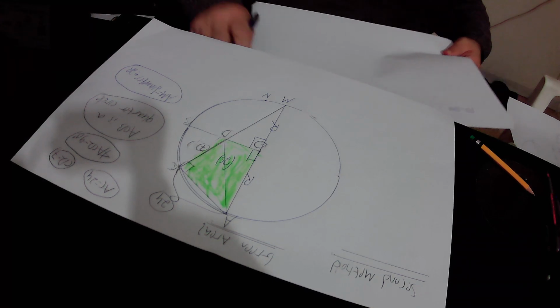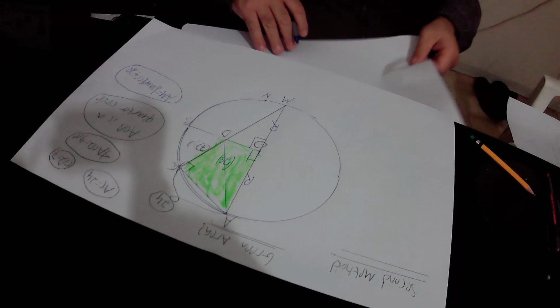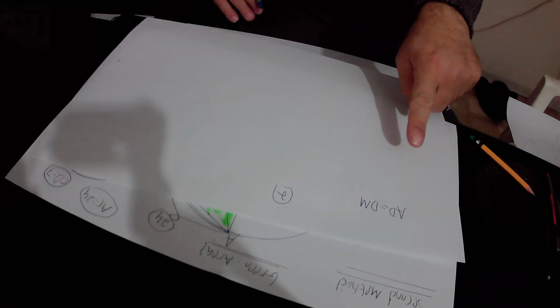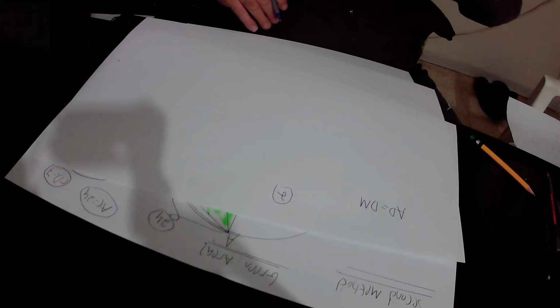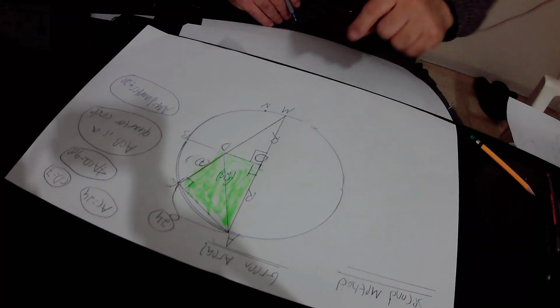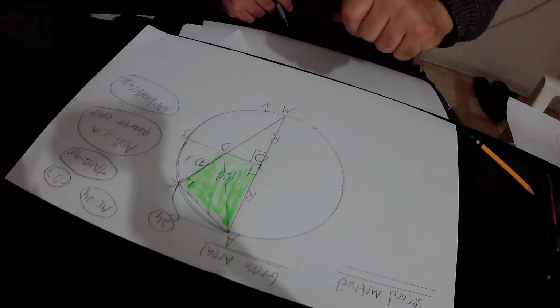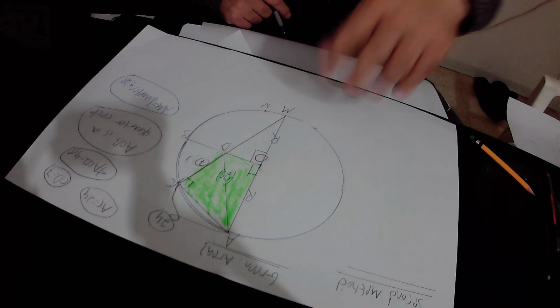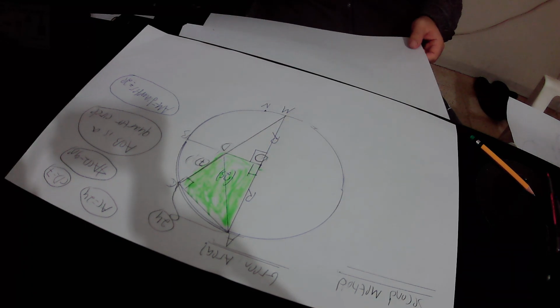Again, side AD in the green triangle equals side DM in the white triangle, according to the rule that corresponding sides in congruent triangles are equal to each other. Those two triangles can go into each other, therefore the two corresponding sides AD and DM must also be equal.